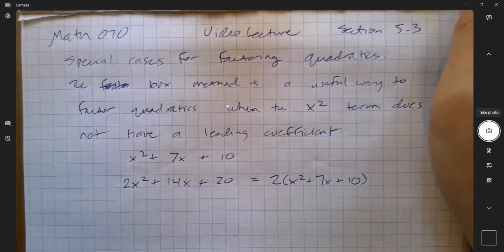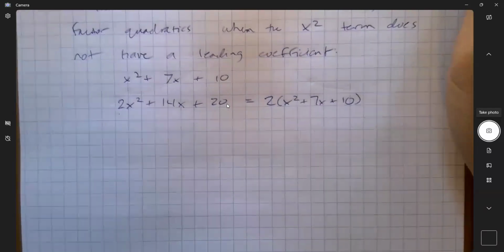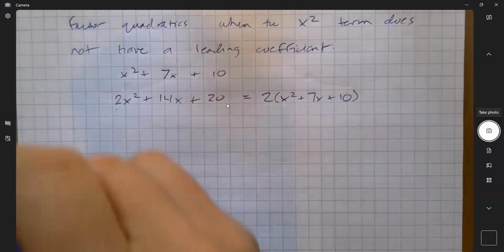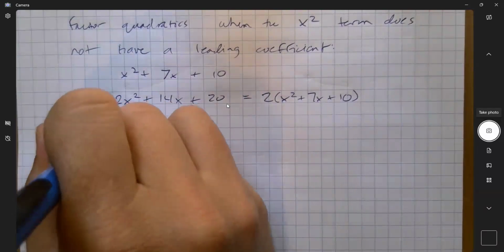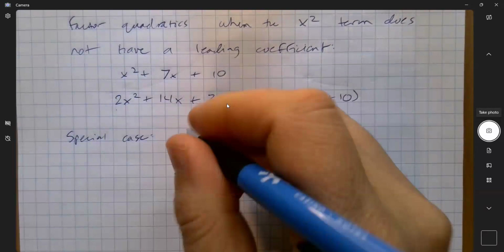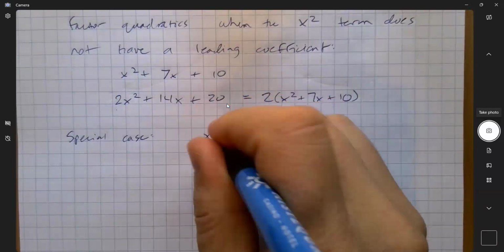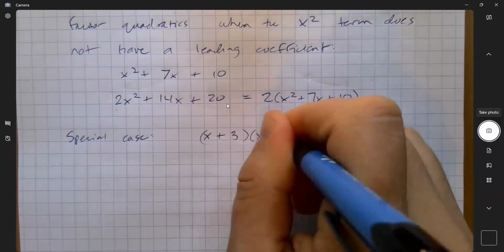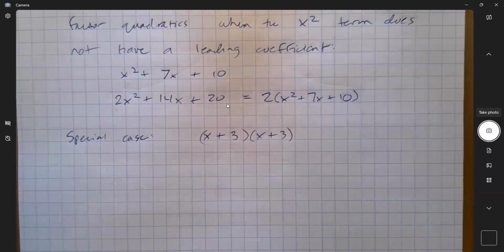There are some special cases where, again, the box method will work, but it can be helpful just to recognize those special cases. So our first one, and what we're going to do is work backwards. What do I have if I have x plus 3 times x plus 3?